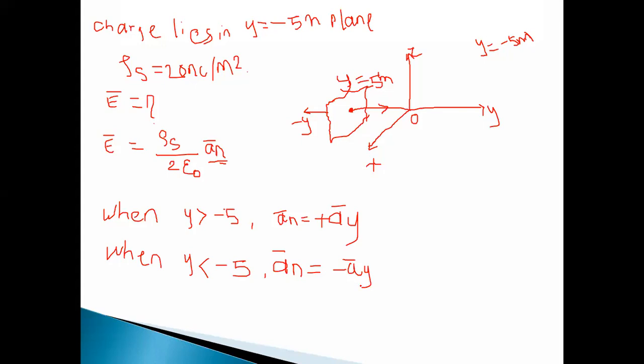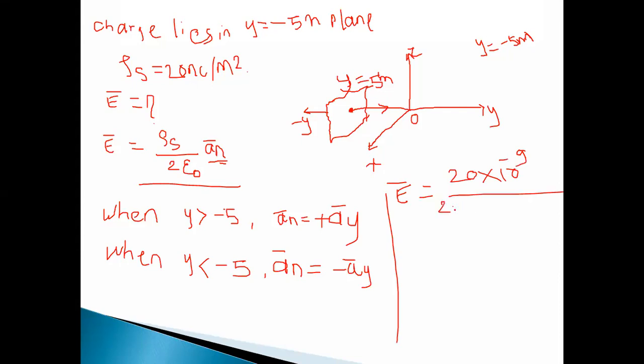So here we can write the equation for E bar. This E bar is equal to rho s divided by 2 epsilon 0. Just to put all values, rho s is 20 nanocoulomb, so it is 20 into 10 raised to minus 9 divided by 2 into 8.854 into 10 raised to minus 12, into the unit vector.